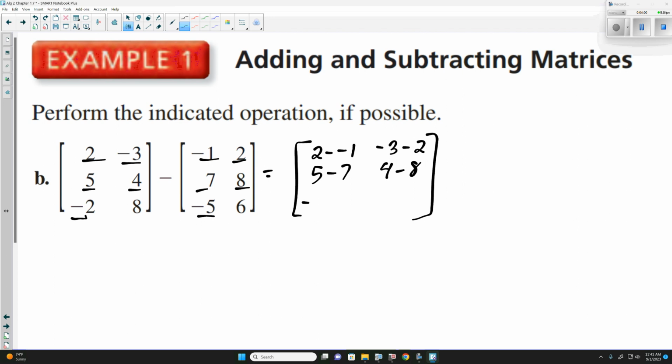The next one would be negative 2 minus negative 5. And lastly, we have 8 minus 6. And now we just need to simplify. So 2 minus negative 1, well, the negative and negative make a plus, so 2 plus 1 is 3.